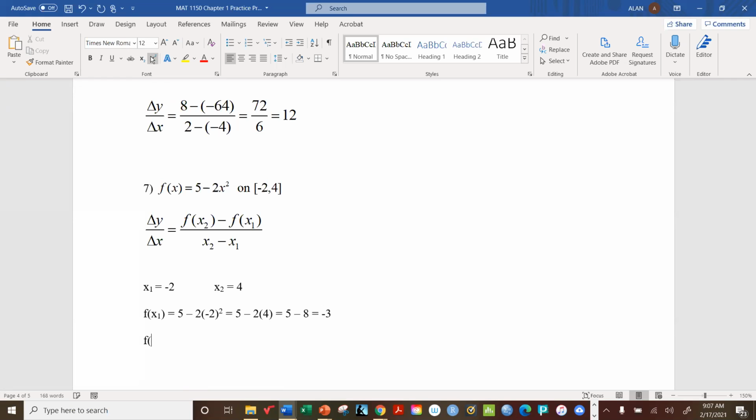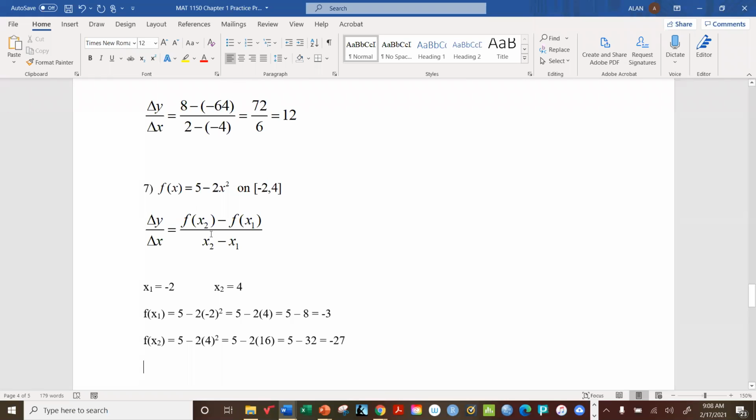And then f of x2 is 5 minus 2 times 4 squared, which is 5 minus 2 times 16, which is 5 minus 32, which is -27. All right.